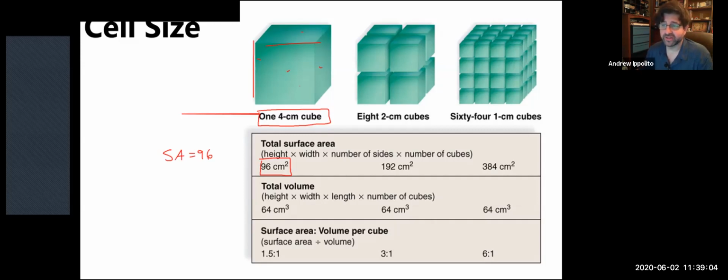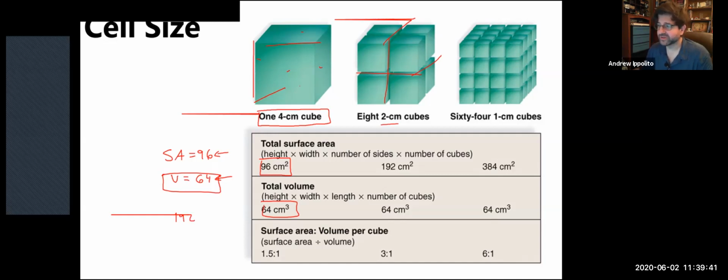We'll multiply the height times the width times the depth, or the height, width, and length, we get 64 cubic centimeters. So the volume would be 64. So we can see the surface area is a bigger number than the volume, which is good. We want as much surface area as possible. Now, if we take that exact same volume of 64, but now we dice it into smaller cubes, 8 2-centimeter cubes, that surface area shoots up to 192.